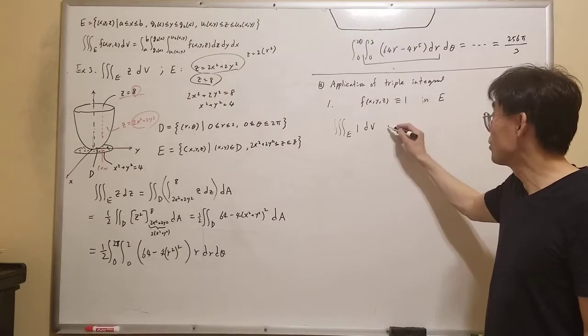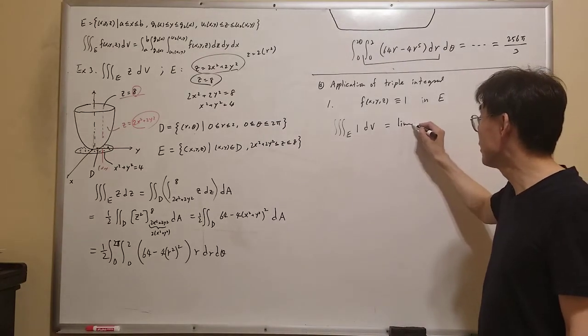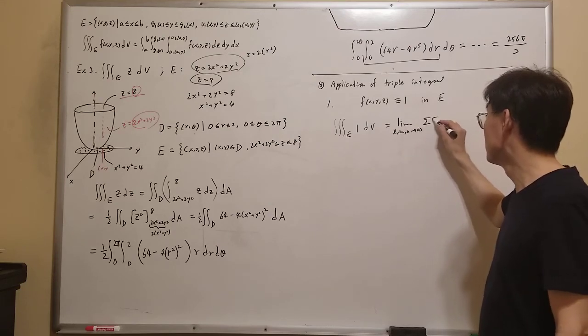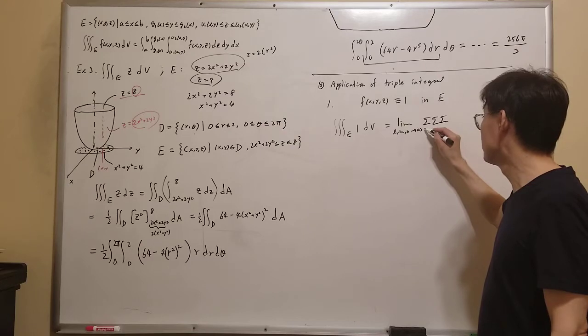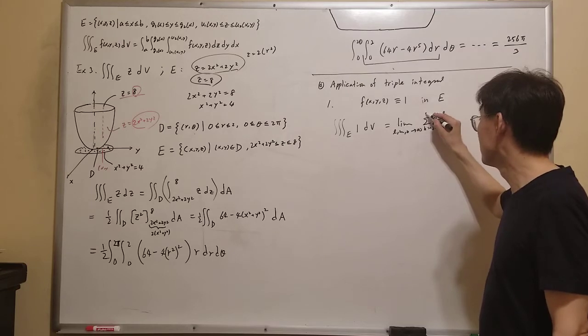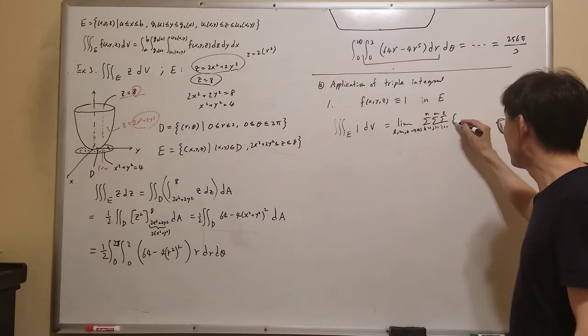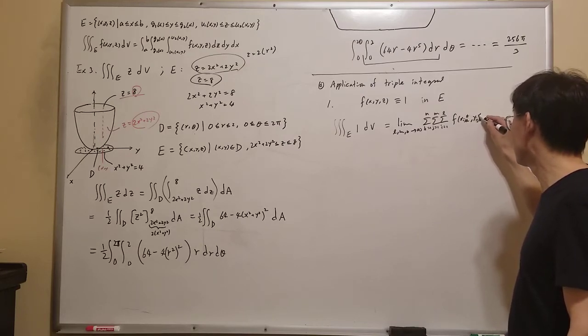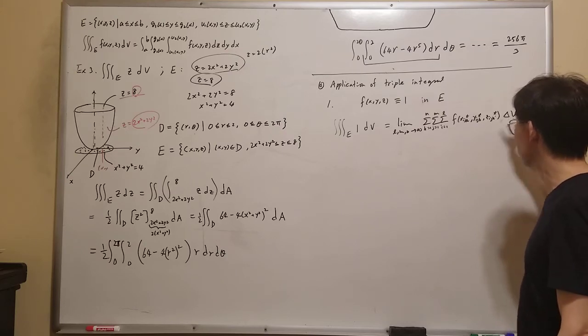The original definition of the triple Riemann sum is the limit as l, m and n go to infinity of the triple Riemann sum, i runs from 1 to l, j runs from 1 to m, k runs from 1 to n, of the function f at x_ijk star, y_ijk star, z_ijk star times delta V, right?